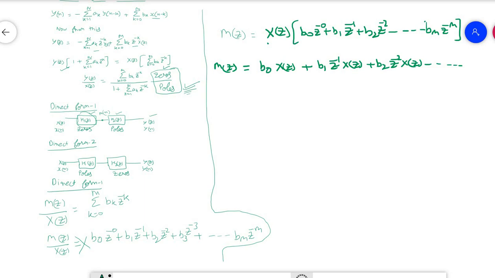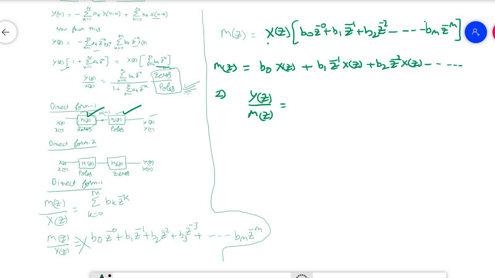Now in this case our second part is Y(z) upon M(z) is equal to, this is my first part and this is my second part. The second part is poles.